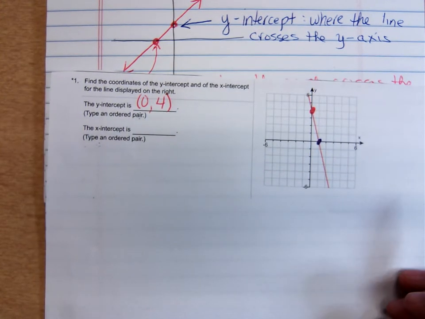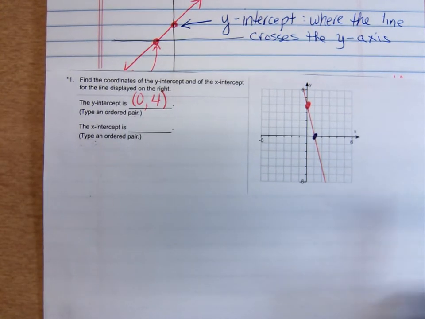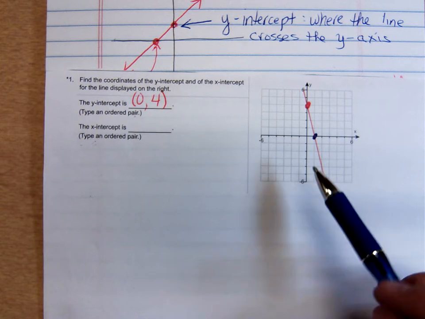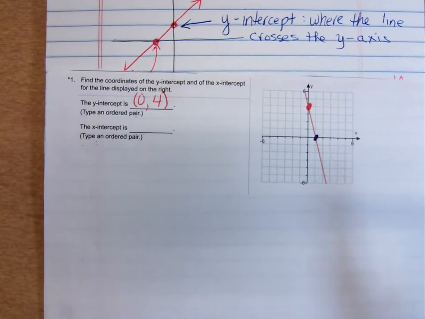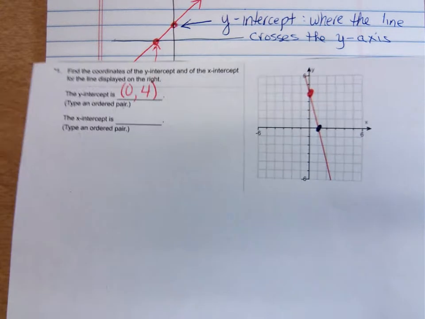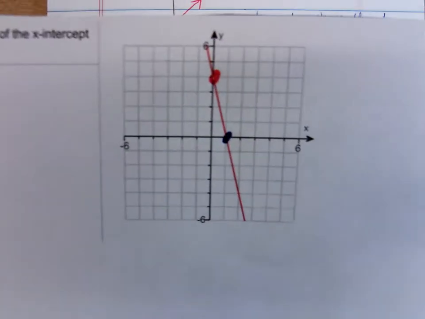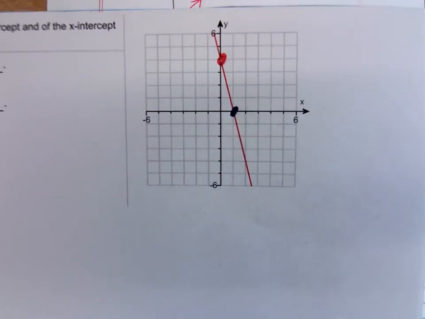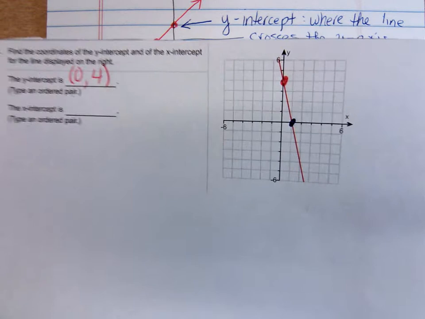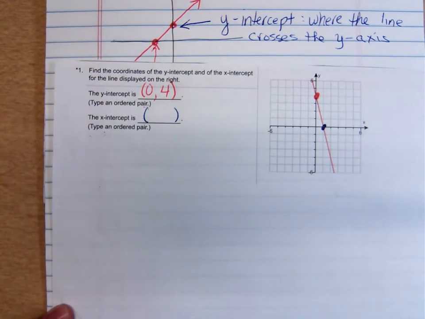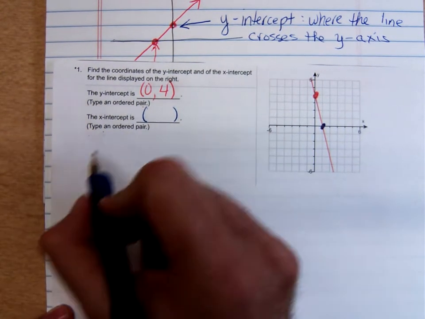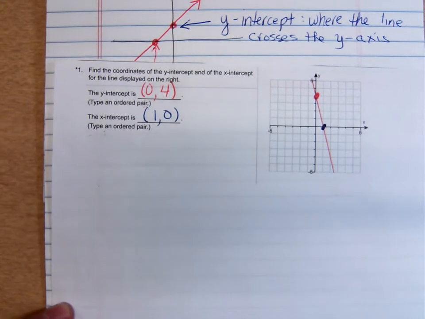I was thinking it's a 1. Okay, 1, 2, 3, 4, 5, 6. I could do a physical zoom by lifting it up. That's definitely 1. So what am I going to type in here? Parentheses and 1, comma 0.